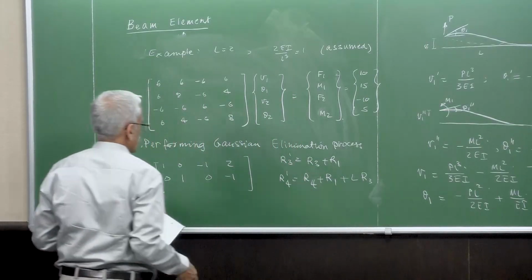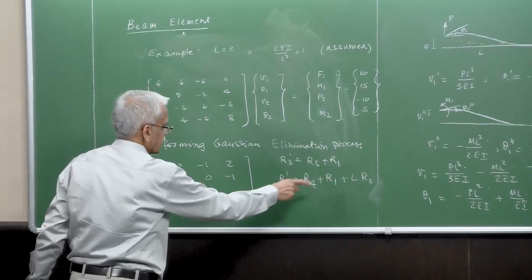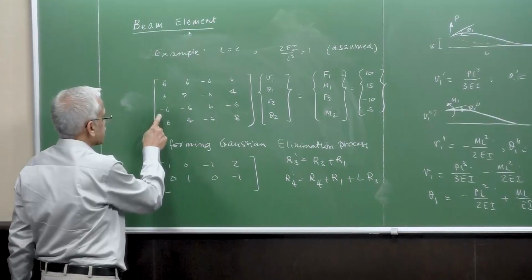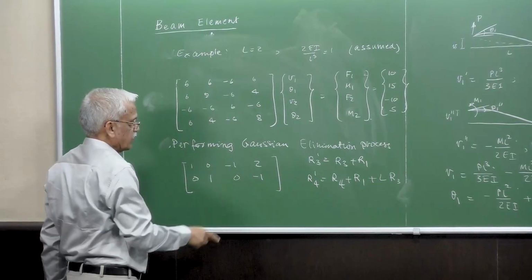Okay, so these are the row operations. By doing this, L is 2, of course, you can obtain this one, and the third and fourth rows have been made 0.